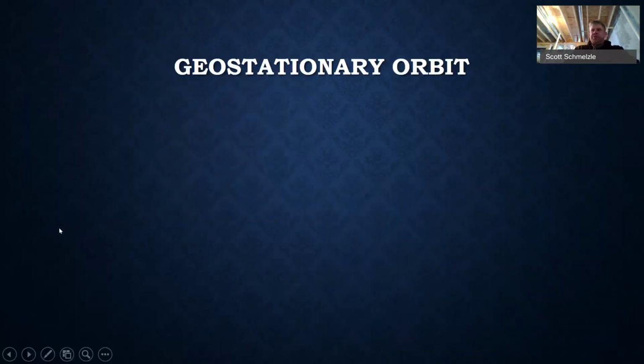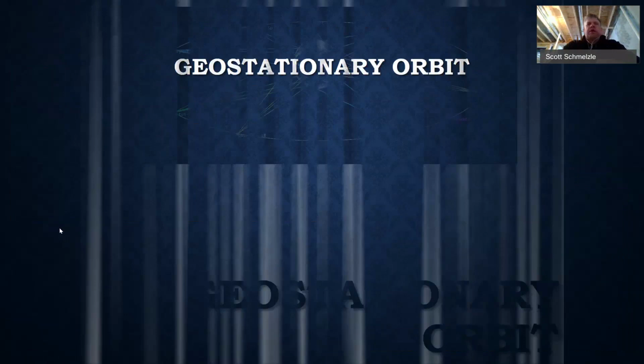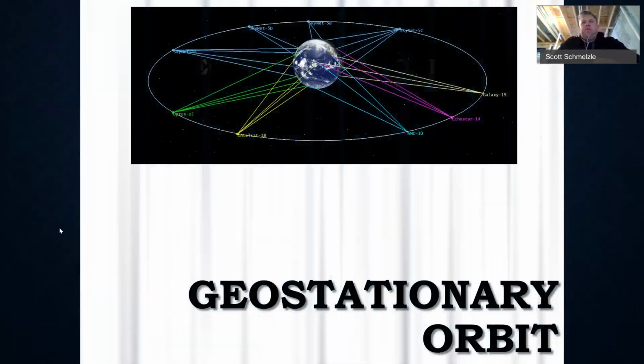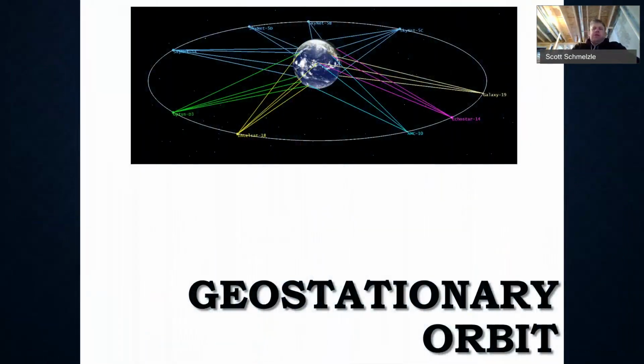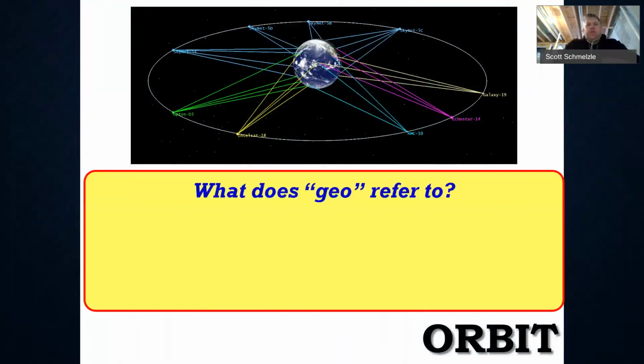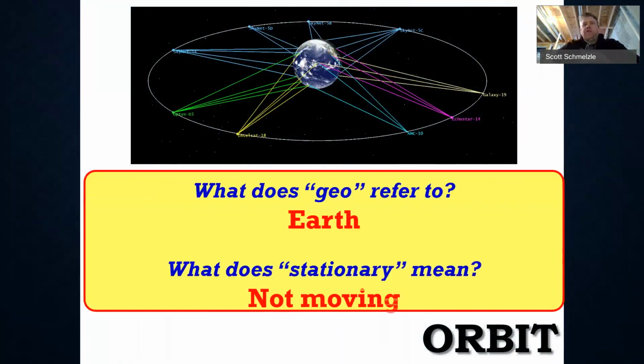Okay. Geostationary orbit. A geostationary orbit is kind of unique. When we talk about it, geo refers to Earth, and stationary means not moving. Now, it's a little bit of a misnomer.